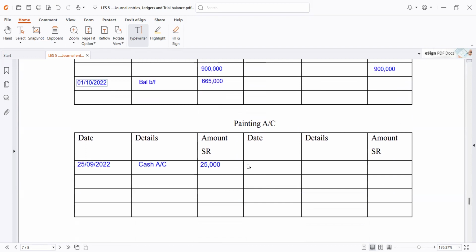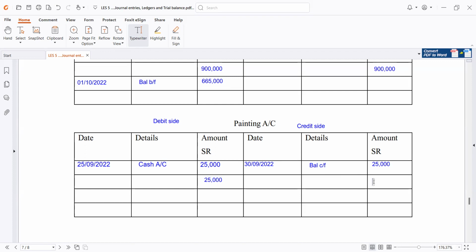So for painting account, this one is the debit side. This one, the credit side of painting. So 25,000, we closed the account down on 30th September 2022. And you'll have balance carried forward. The amount is 25,000. So balance the accounts off.